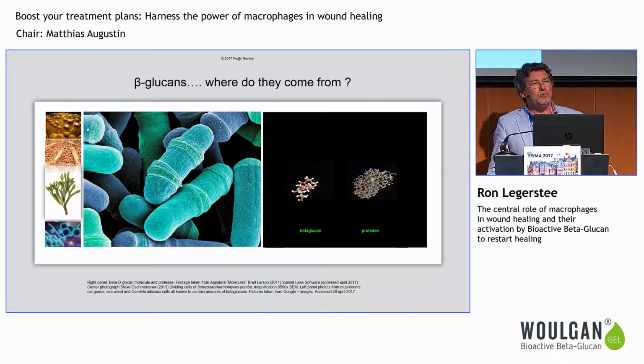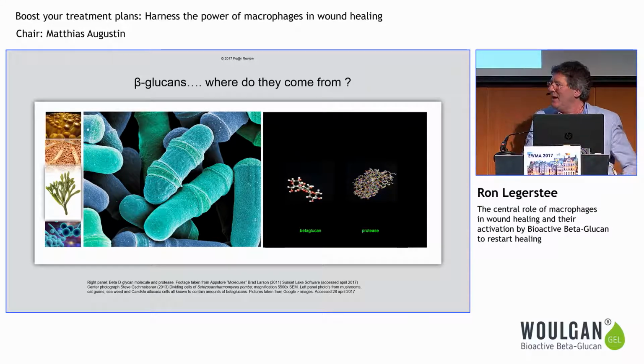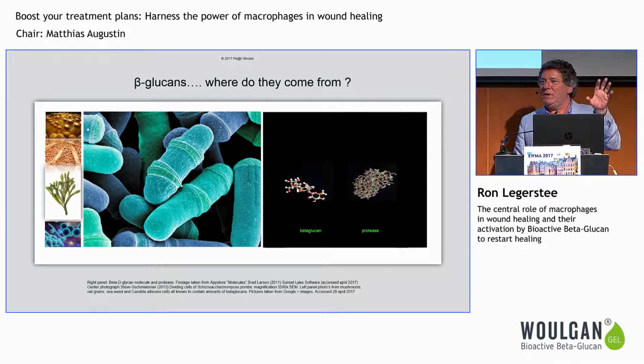And I've been told today, because I wasn't aware of that, that even the length of the chain of the polysaccharides matters. The company has cut these molecules at several lengths and tried to see what the effects were on the healing process in wounds.